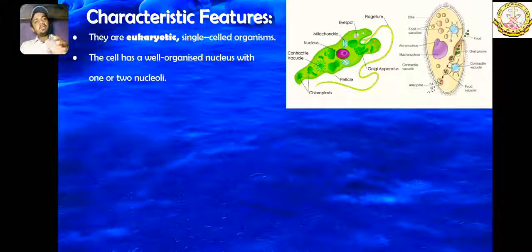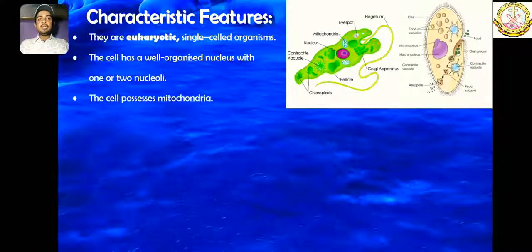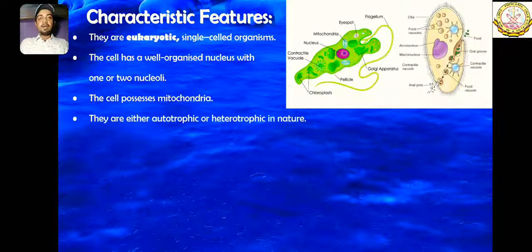Next thing is the cell possesses mitochondria. That means they are a little bit more evolved than prokaryotic cells, or prokaryotes. So they possess mitochondria. What else?